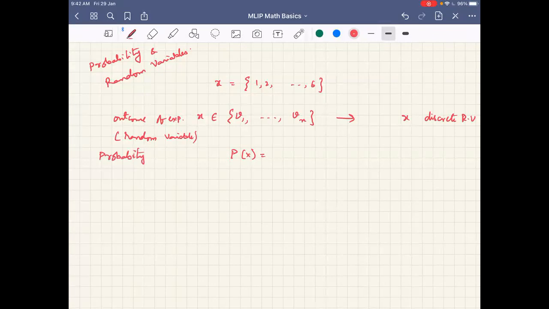It can take any of the values from 1 to 6. With how much probability does it take 2? With how much probability does it take 5? If I am able to get that information, I have the whole information about the outcome of the experiment. That is the best information we can get on the possible outcomes, and it is captured in the form of the probability mass function.